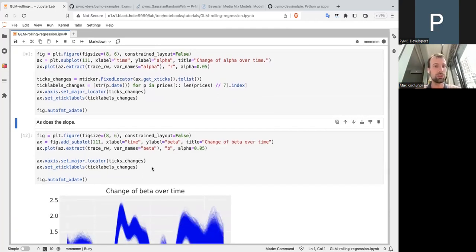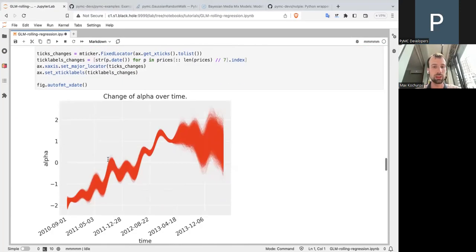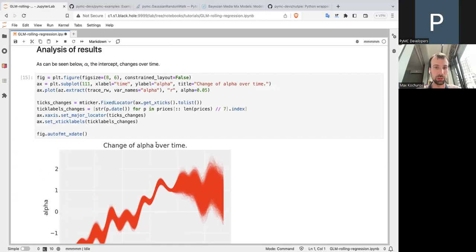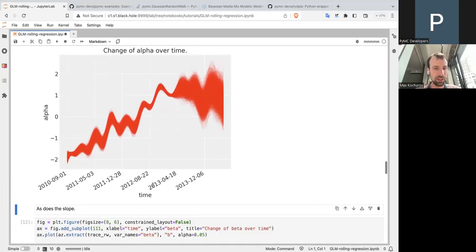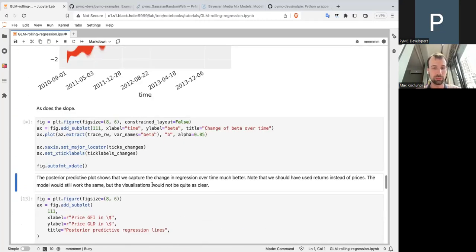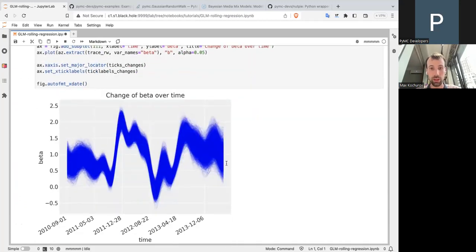Let's visualize what is the dependency for our coefficients alpha and beta. So we see that alpha evolves over time. That is very cool. And same for beta. That is also nice.